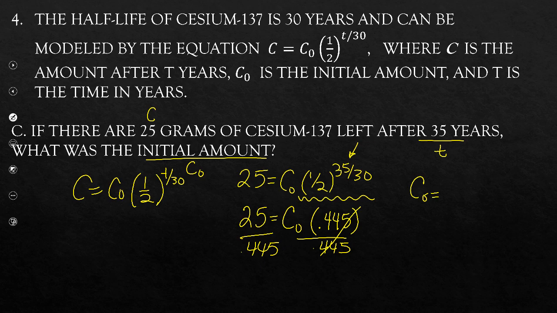So C sub 0 is 25 divided by 0.445, and that gives us 56.179. So approximately 56.2 grams is what we would start with if we want to end with 25 grams of the cesium-137 after 35 years.